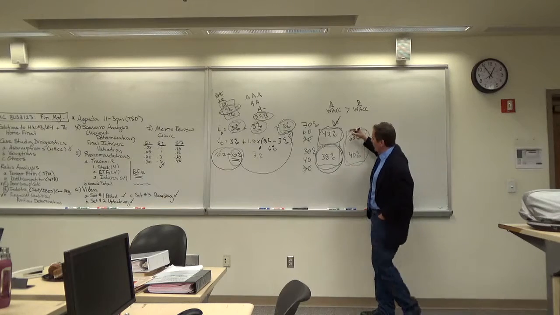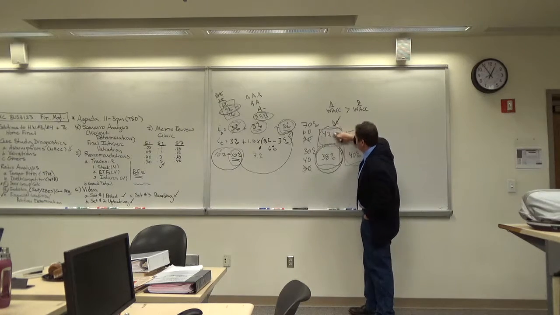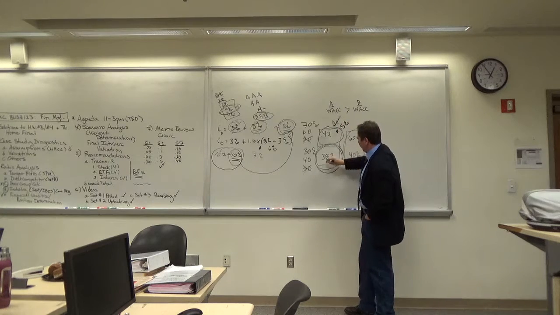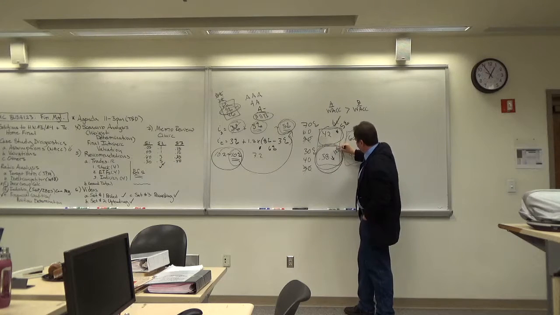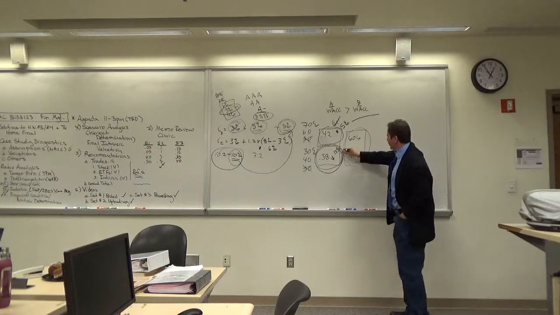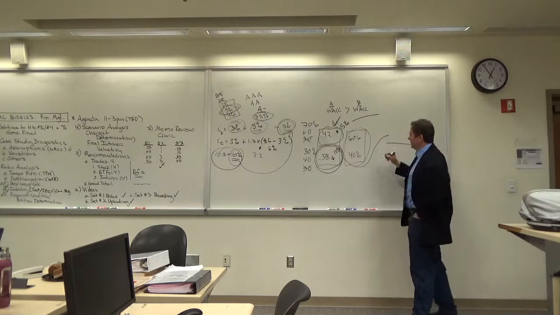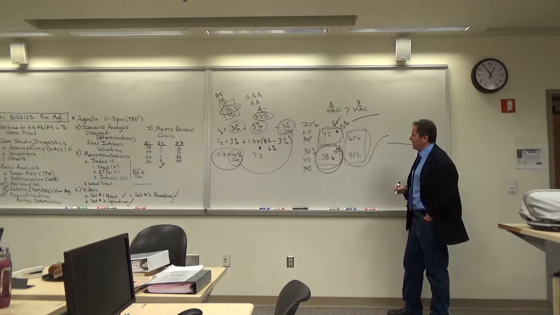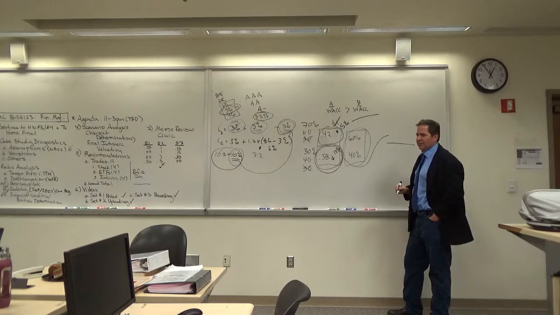Okay, so we know that 42% is coming from the debt, and we know that's 5%. And we know that 58% is coming from the equity, and we know that's 10%. So give me the weighted shares for this. What's 0.42 times 5? 2.1.